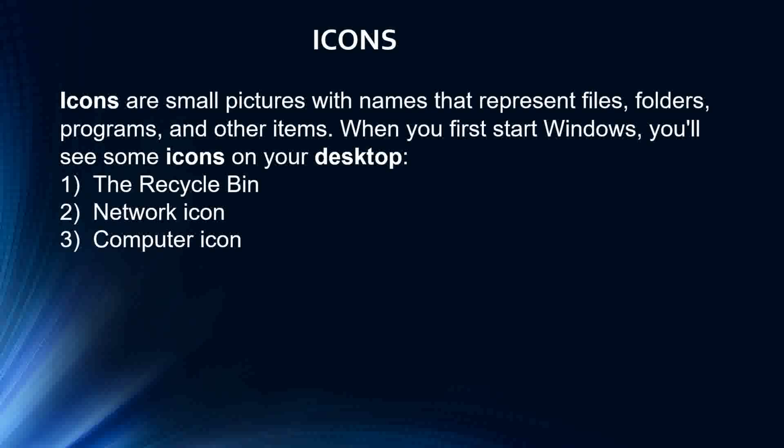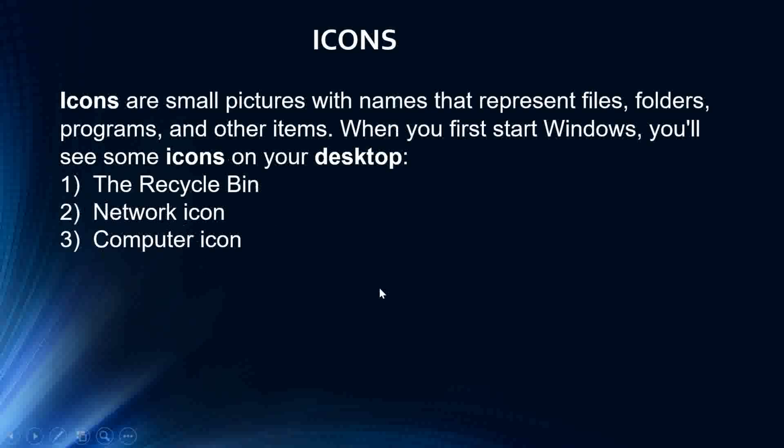So what are icons? Icons are small pictures with names that represent files, folders, programs and other items. When you first start Windows, you will see some icons on your desktop, which is very common. These three icons are very commonly seen on your desktop. The first icon is the Recycle Bin, the second one is the Network icon, and the third one is the Computer icon.